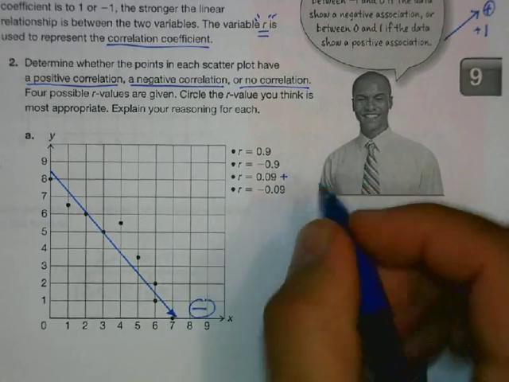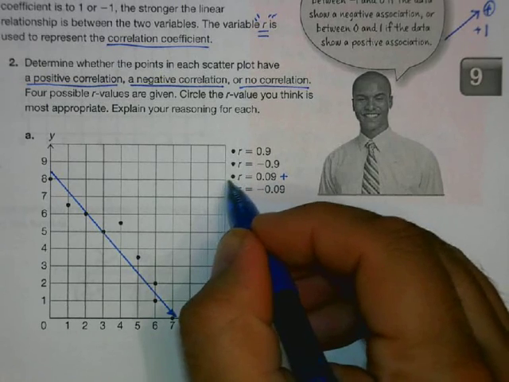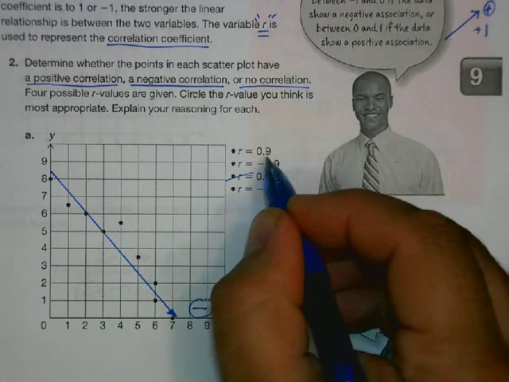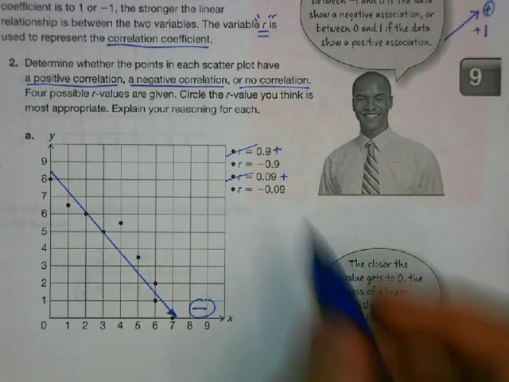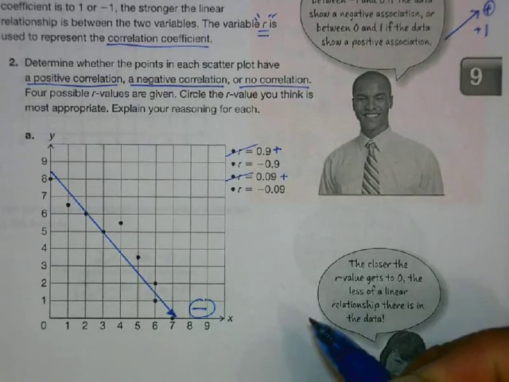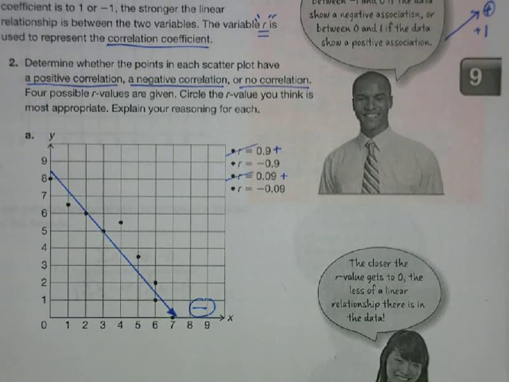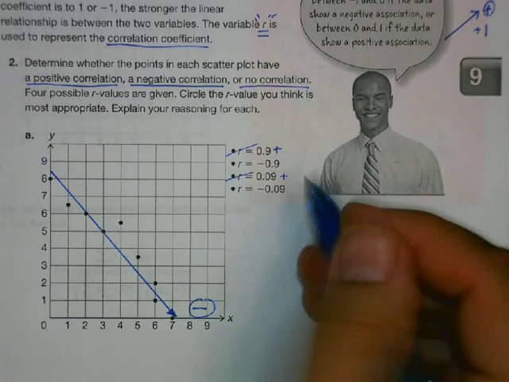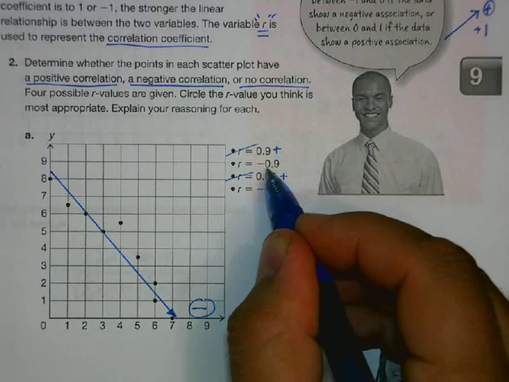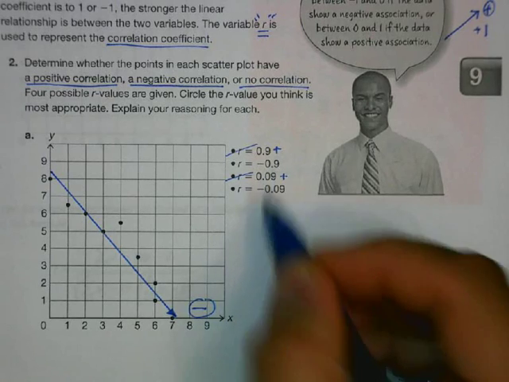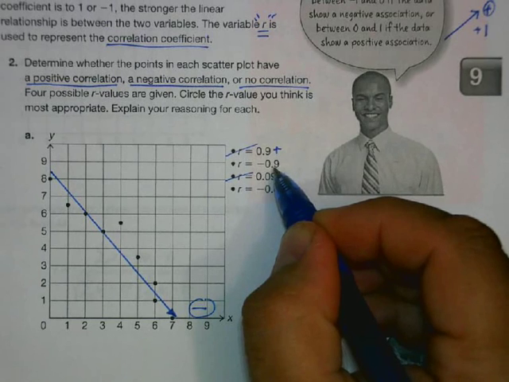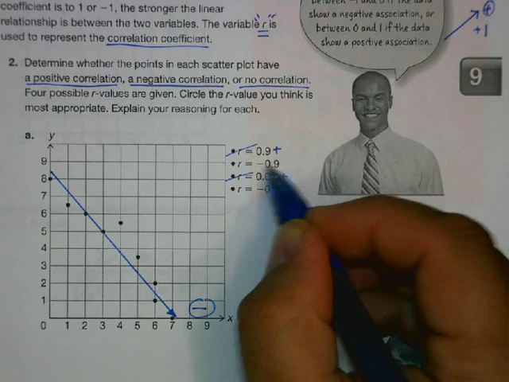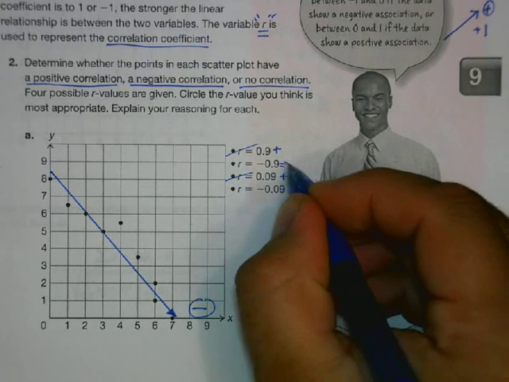If I rounded this one here, you would end up with -0.1. And -0.1 is closer to 0, whereas this one here is closer to -1. So we don't want the one that's close to 0, because this has a strong negative correlation. So we want this one right here.